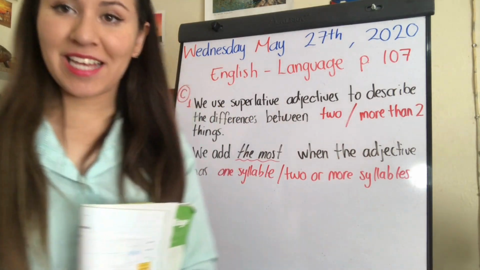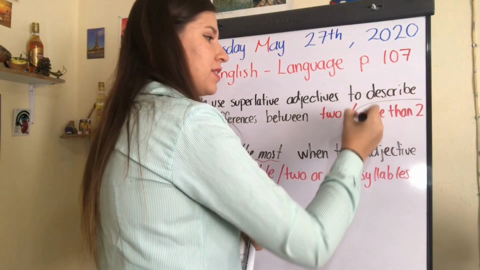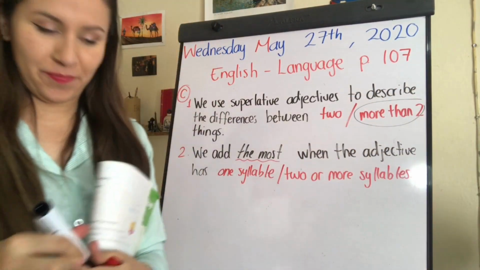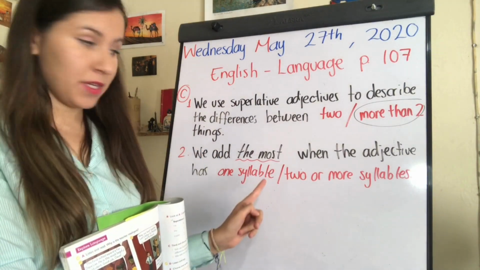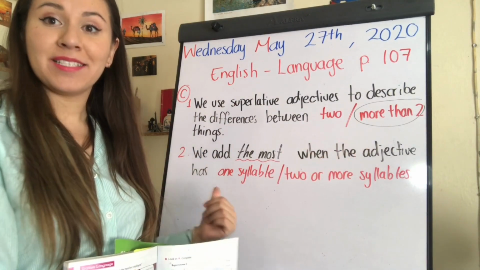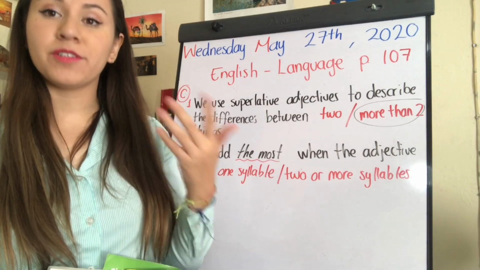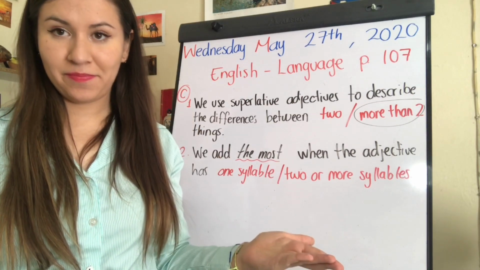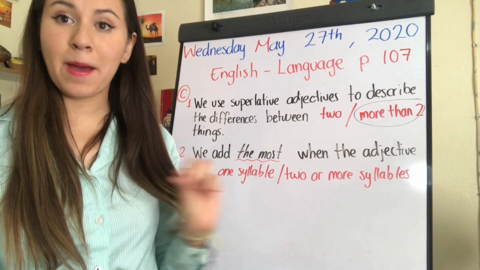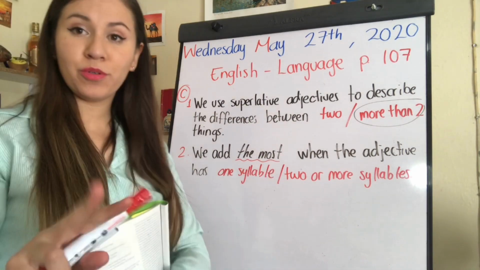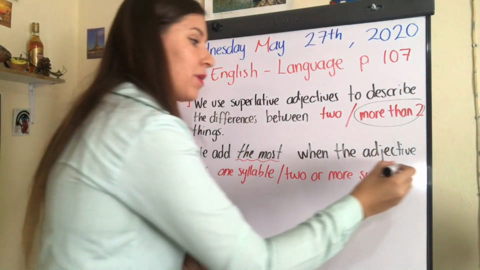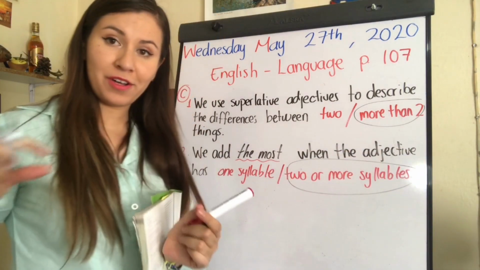So in this case, we're gonna choose this. More than two. And in the number 2 we add the most when the adjective has one syllable or two or more syllables. What do you think? The most. So it's two or more syllables. Remember when we have long adjectives.